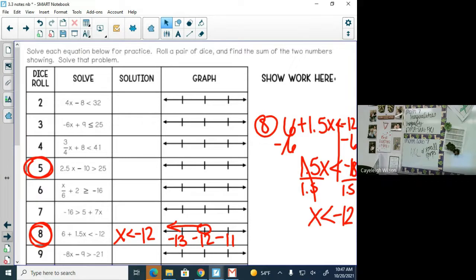What number was that? That's number 5, yeah.